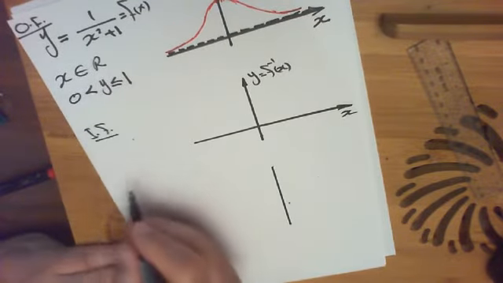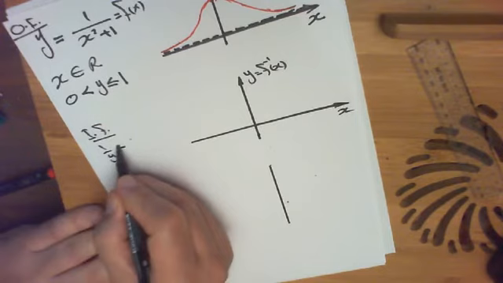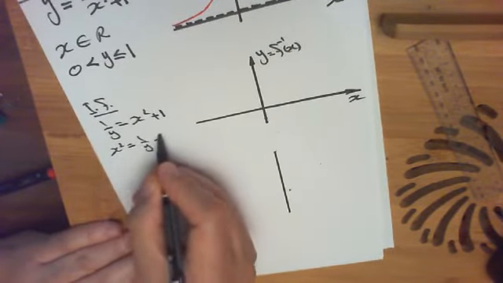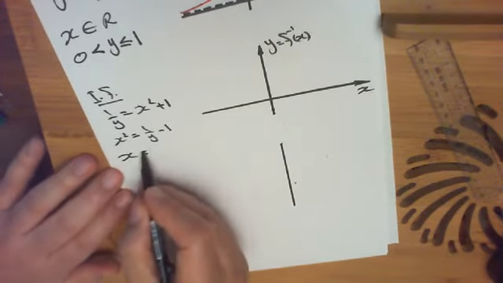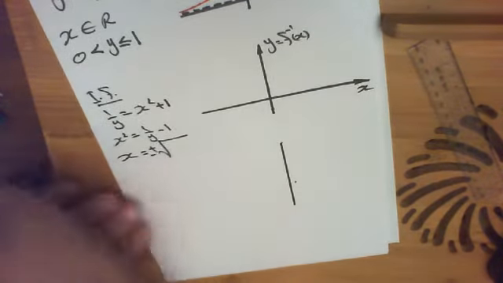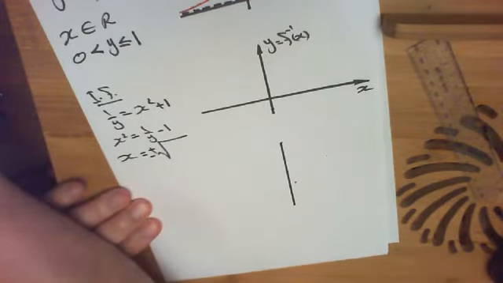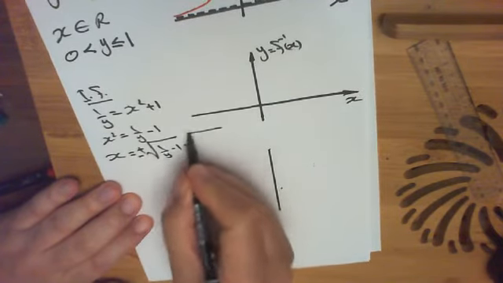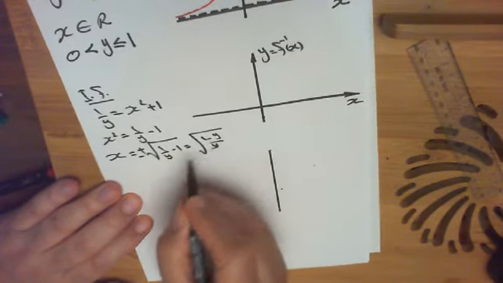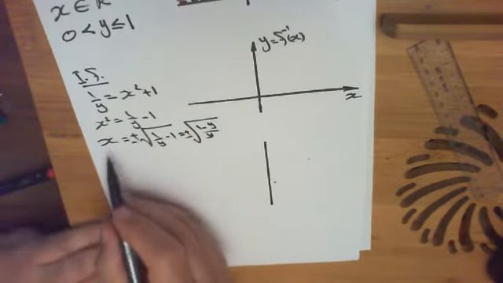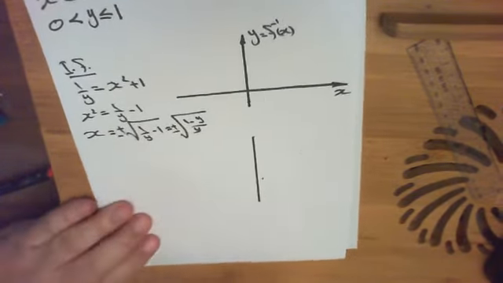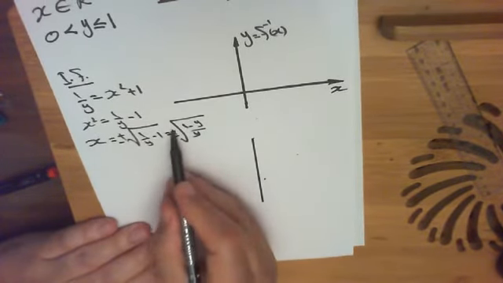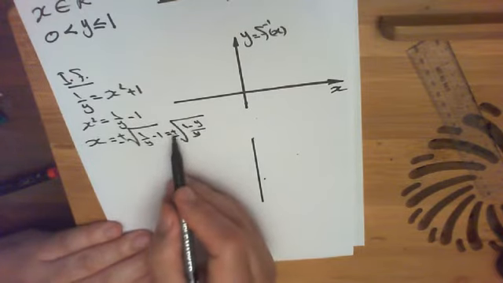We can take the reciprocal of both sides, so we have 1 over y equals x squared plus 1, or x squared equals 1 over y minus 1, or simply x equals plus or minus square root of 1 over y minus 1, or simply plus or minus the square root of (1 minus y) over y. Still a multi-valued function. As we did in the previous example, we take only one branch. It has two branches, a positive branch and a negative branch. Okay, let us take the positive branch.